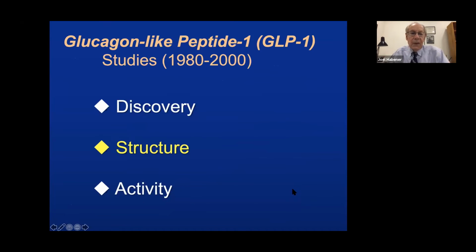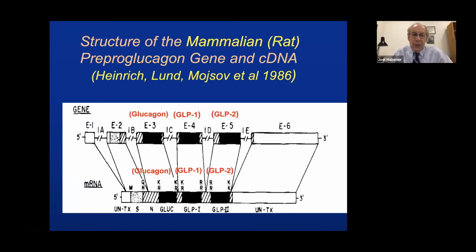Now, next was to move ahead into mammalian tissue. So we worked on the rat islet hormones, isolating islets from rats and extracting them, making the messenger RNA, making the cDNA, decoding the cDNA, and found the structure of the mammalian proglucagon shown here.